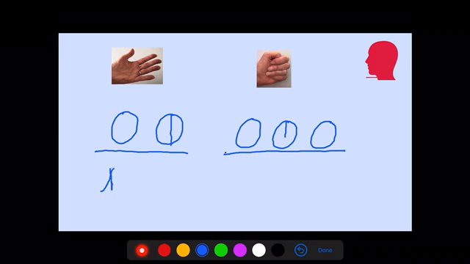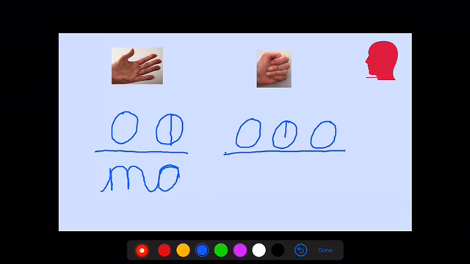I need the letter M. A. At the end of a syllable, I need the letter A. Mat.